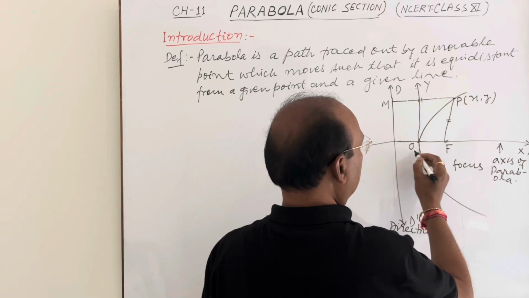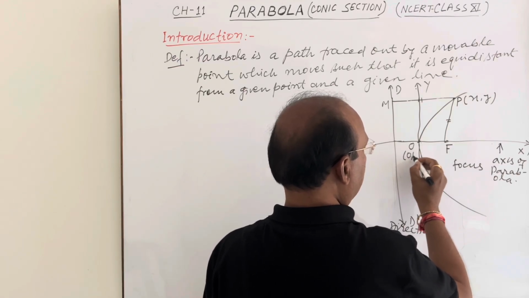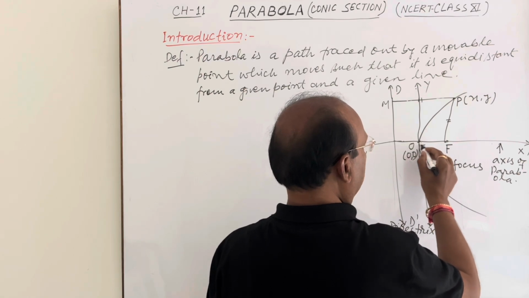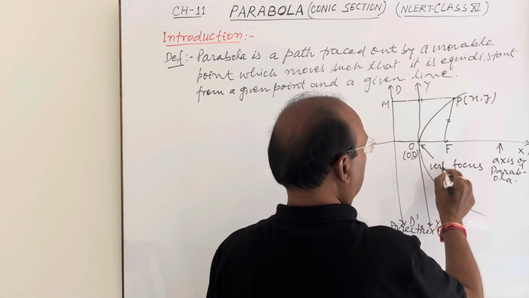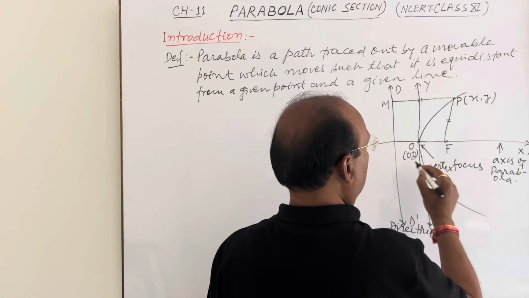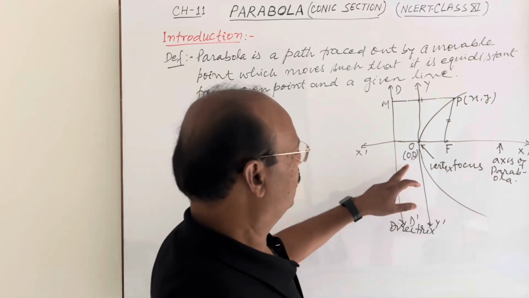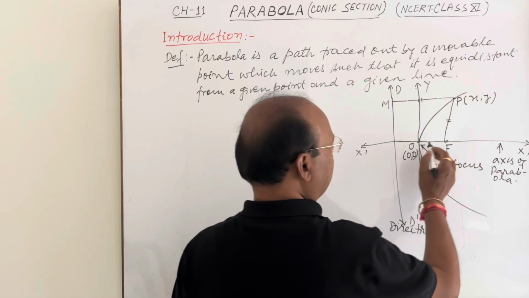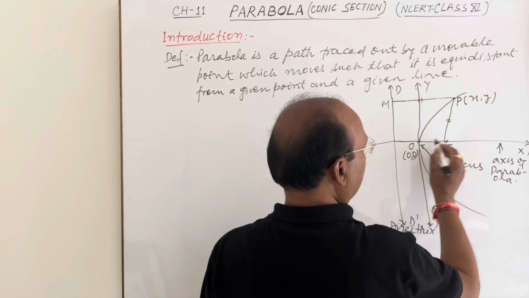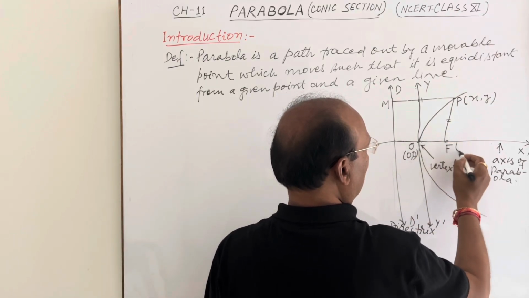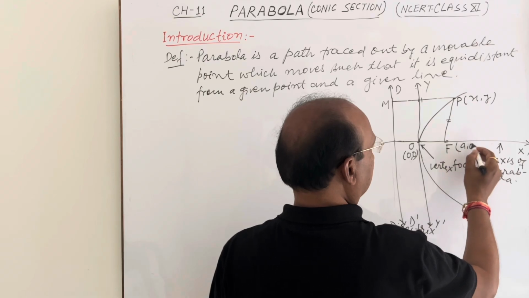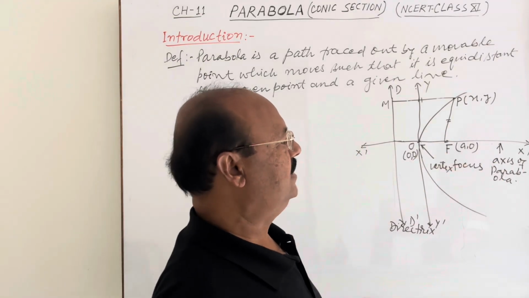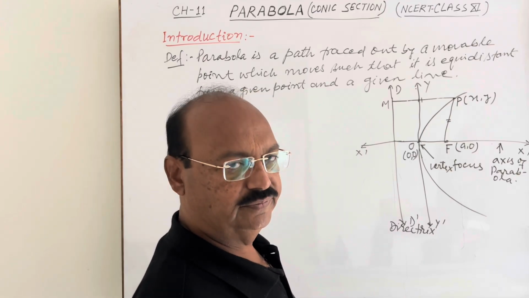So the coordinates of this origin, which is called the vertex of the parabola, are 0, 0. And if this distance OF from the origin is a, then the coordinates of the focus are a, 0.